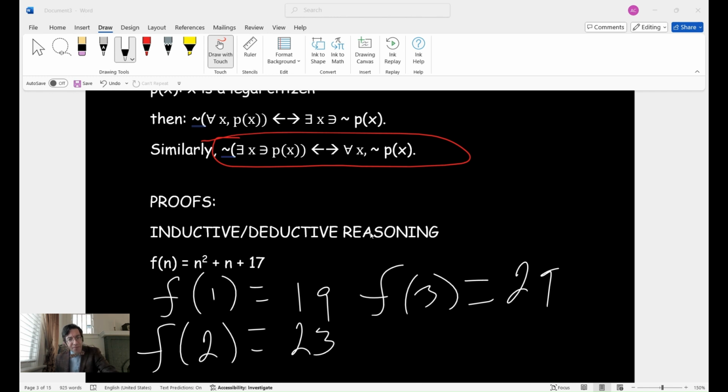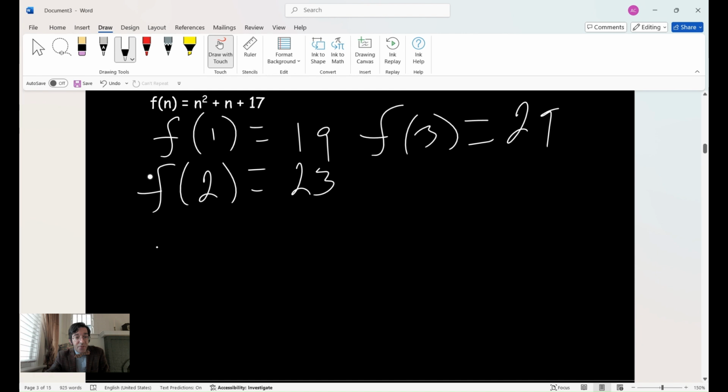And how do we know that this is false? The beauty of counterexamples. So what happens if n equals 17? If you evaluate it at 17, you have 17 squared plus 17 plus 17.